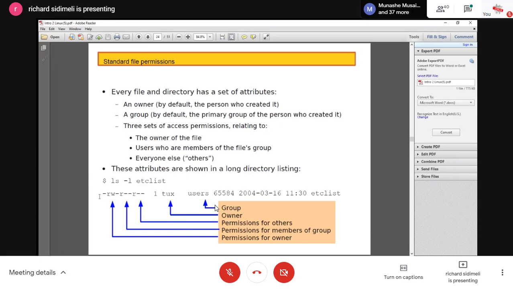I will also demonstrate a lot about these permissions, what the group has on that file, what the owner can do on that file, and what the others can do. So there are 3 people that you should know about: the owner, the group, and the others.